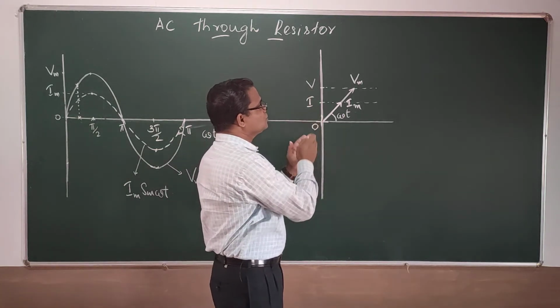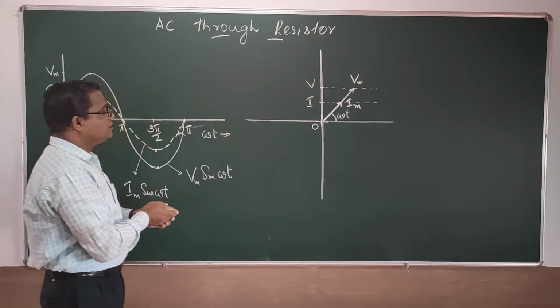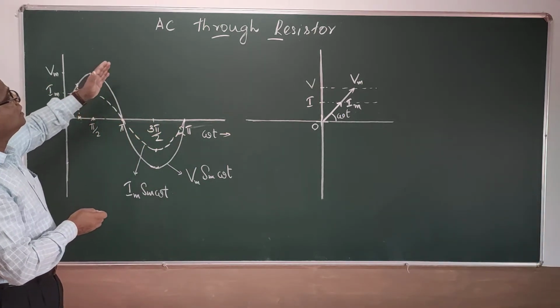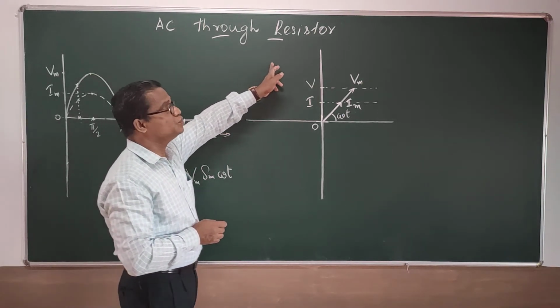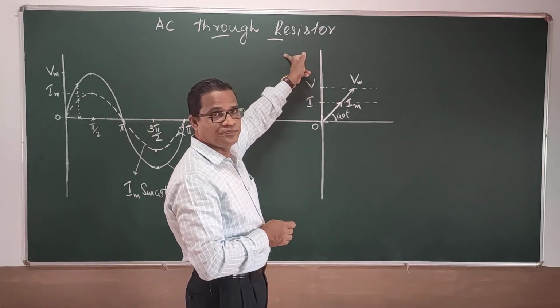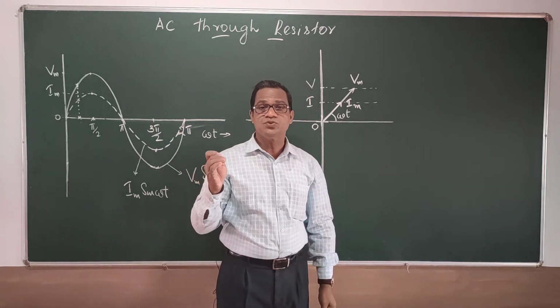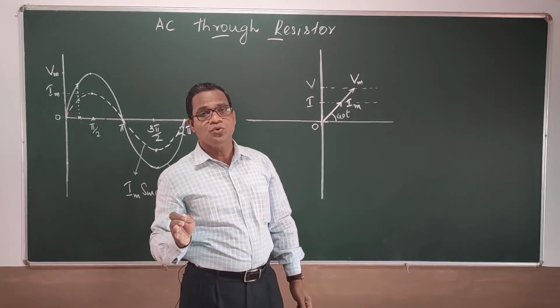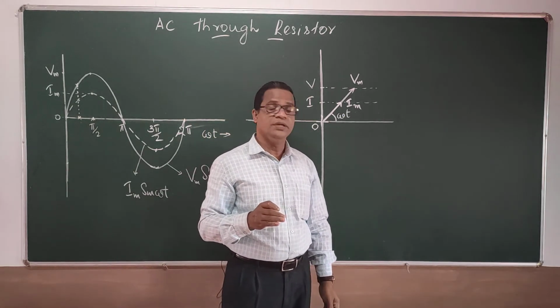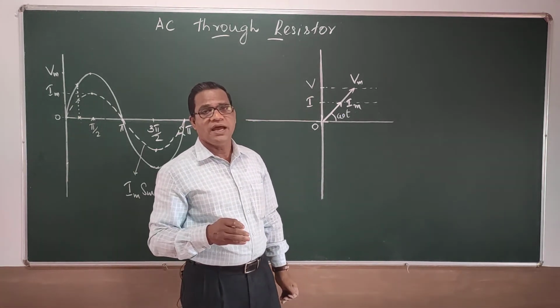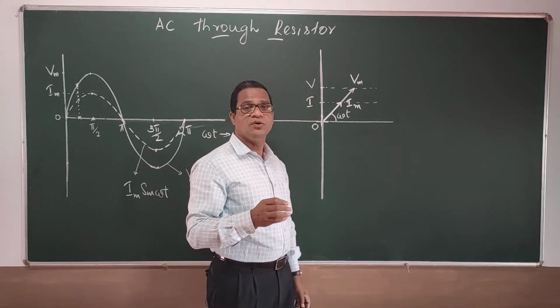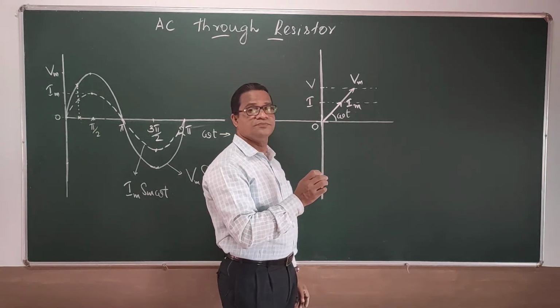Now this is the phasor diagram for the AC flowing through a resistor. So when AC flows through a resistor, there is no phase difference between the voltage and current. They will always be in phase.